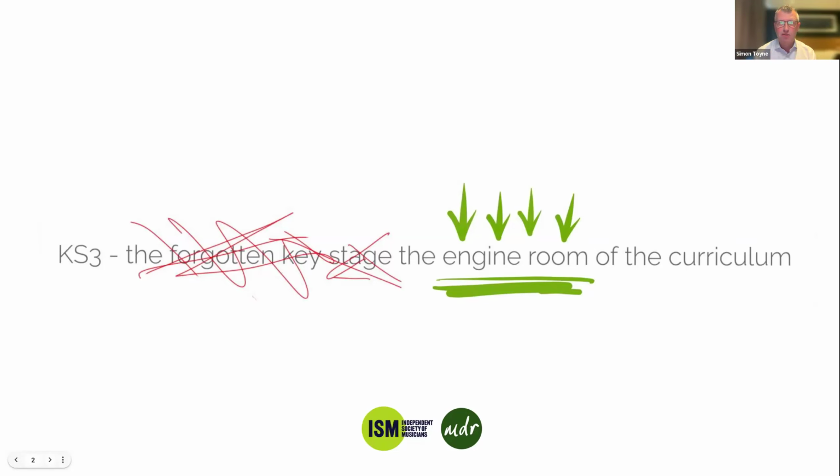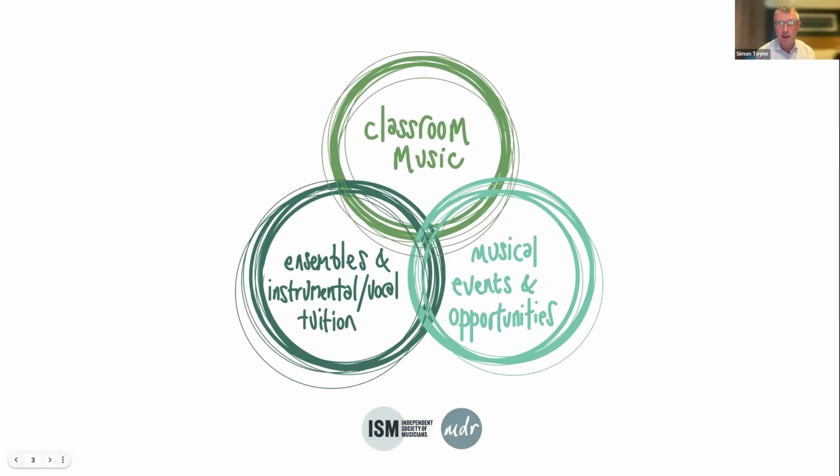We both believe, as I'm sure everyone tuning in today believes, that the classroom at Key Stage 3 can be an incredibly powerful site for really deep musical learning. And in secondary schools, we remember that there are three ways in which musical learning happens. The classroom, which is for everyone.